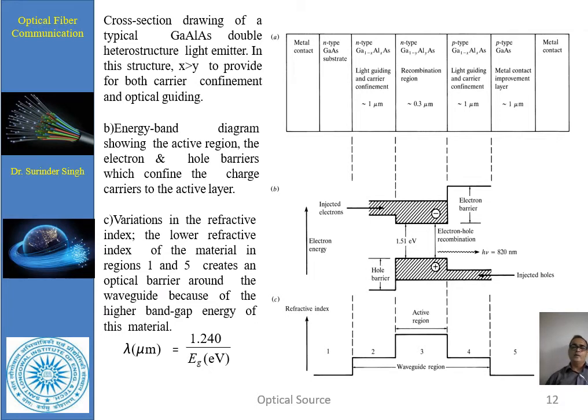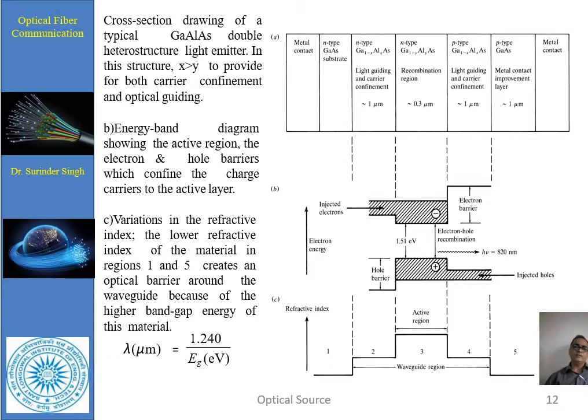Now this is the recombination region, and these two layers are the light guiding and carrier confinement layers, and this is the metal contact improvement layer. P and N is the substrate, and outside, a metal contact has to be used.